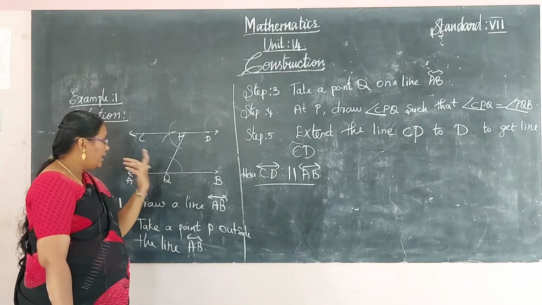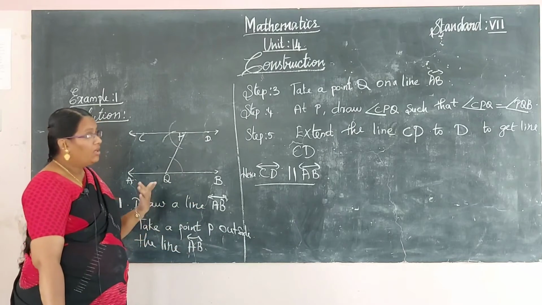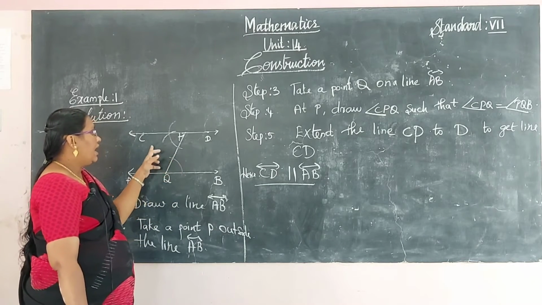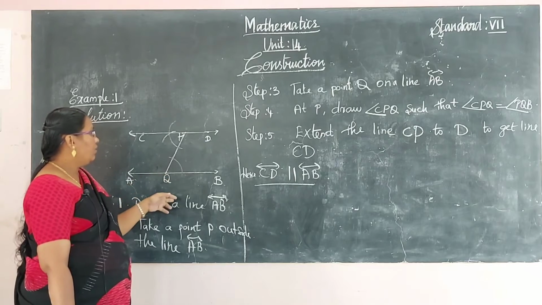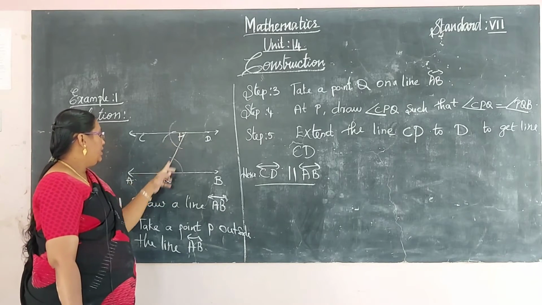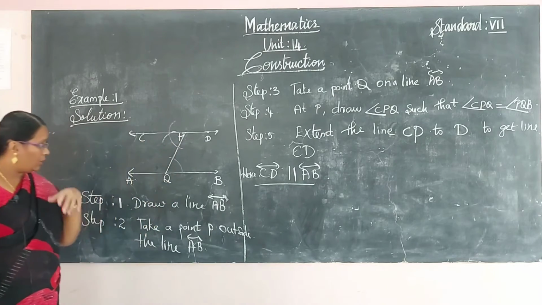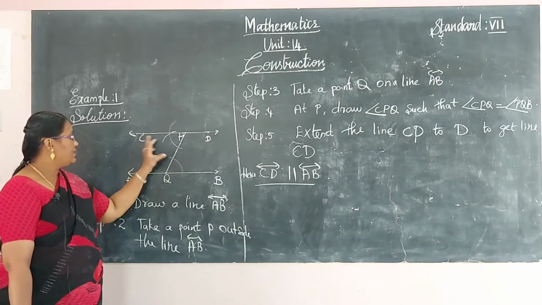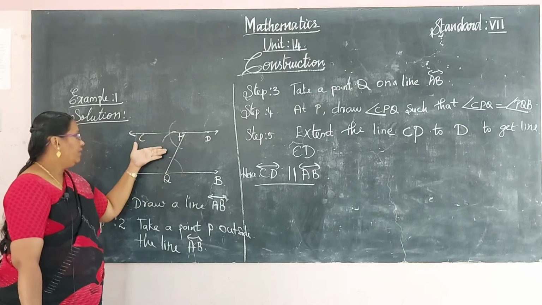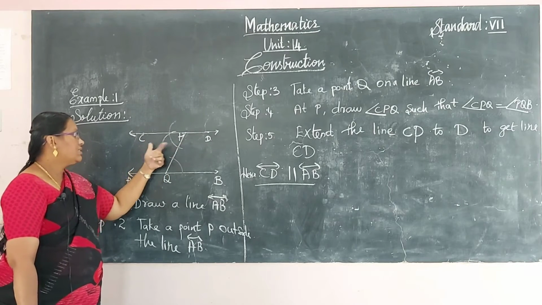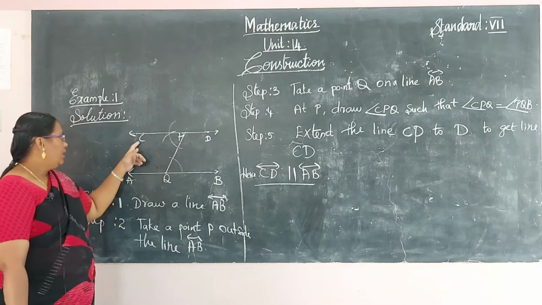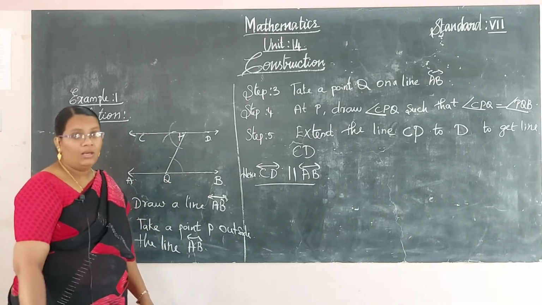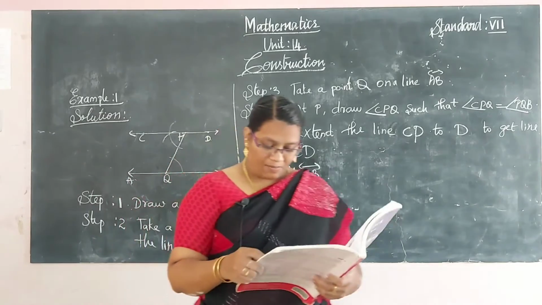Then take any radius and draw the arcs for the angles CPQ and PQB. And step 5: extend the line CP to D, then we get the line CD, and CD is parallel to the line AB.